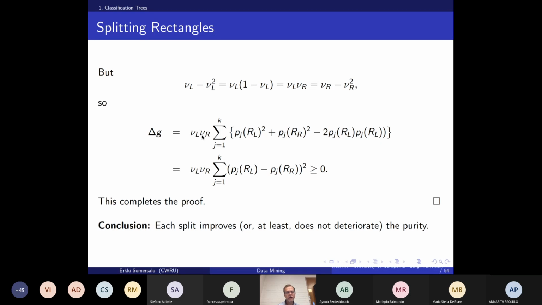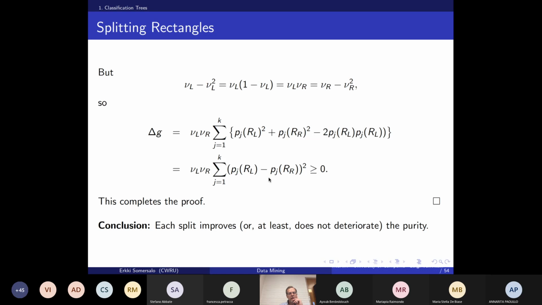What I'm left with is a sum over the classes of Pj on the left squared plus Pj on the right squared minus the double product of those. Of course this is a binomial formula, and so I can collect these terms to be Pj on the left minus Pj on the right, squared. And so you see that this is positive. And so this completes the proof.